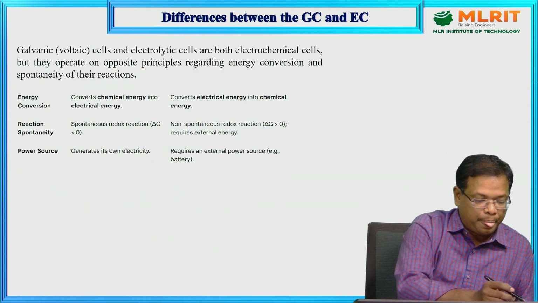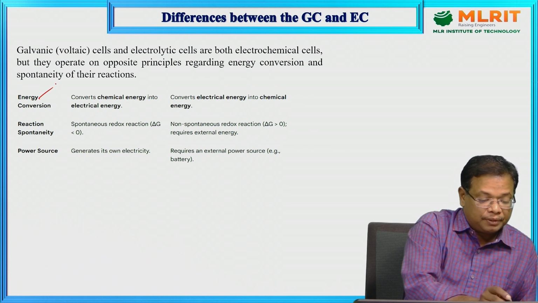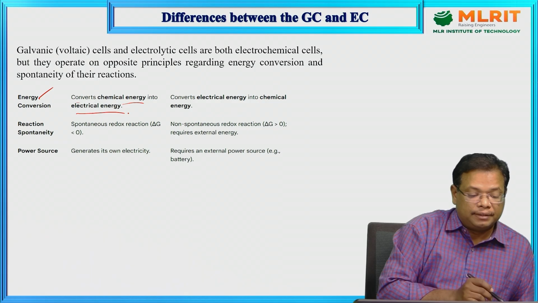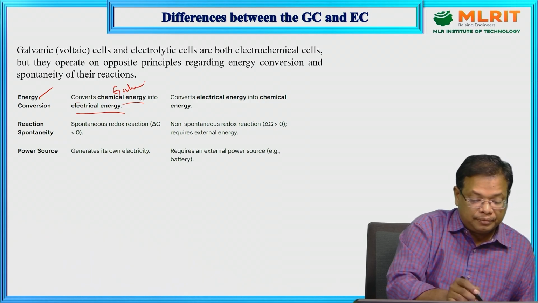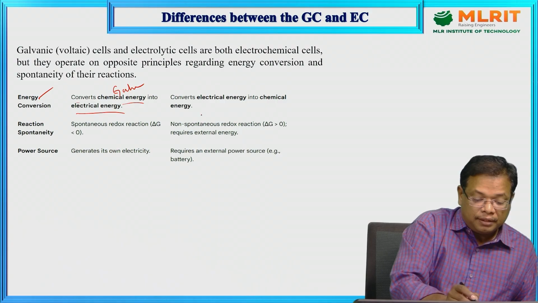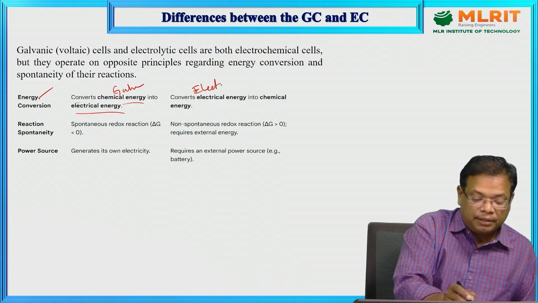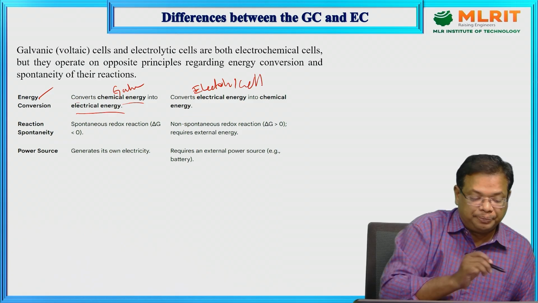For example, energy conversion: converting chemical energy to electrical energy is the galvanic cell. Electrical energy into chemical energy is the electrolytic cell.